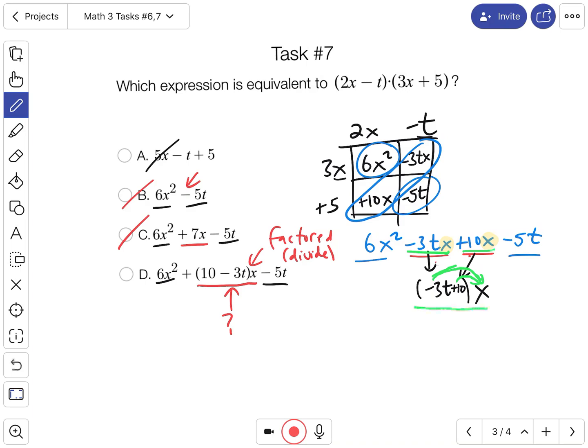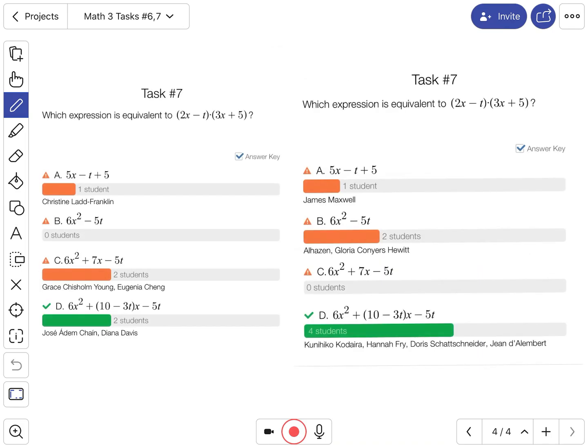And so did you need to know that in order to get this answer right? Well, no, you didn't. You just needed to know that you couldn't combine those two middle terms and get 7x. But this is just one of many ways of getting this answer. So how did you guys do? It looks like in this class, everybody got the right answer. In this class, it was a tie.